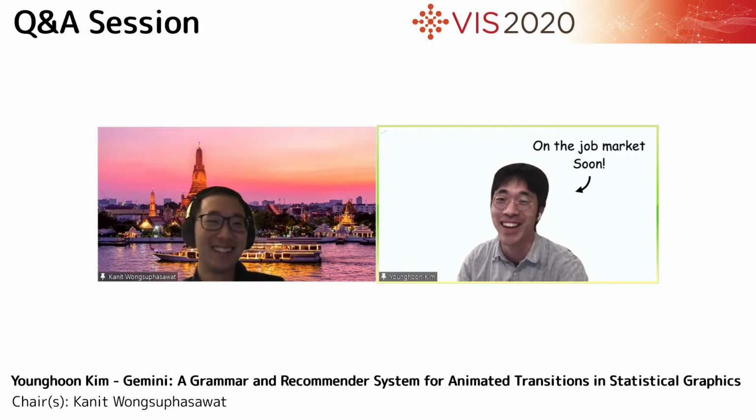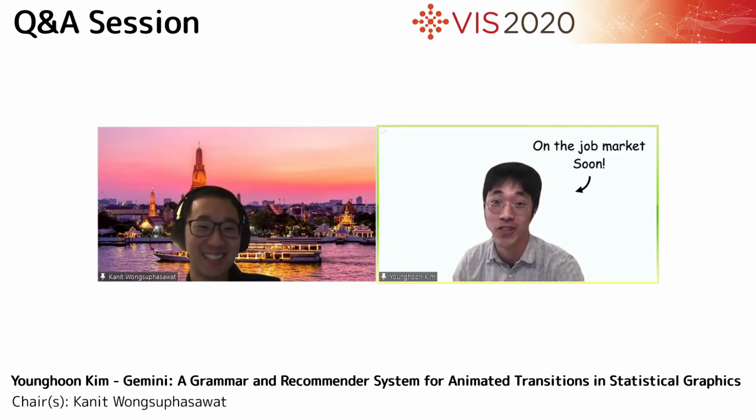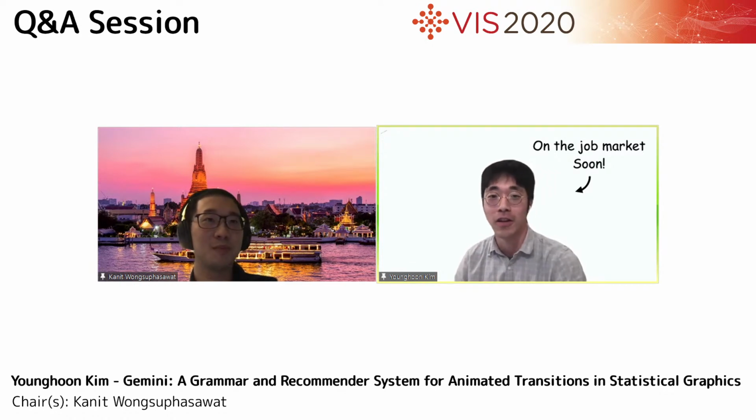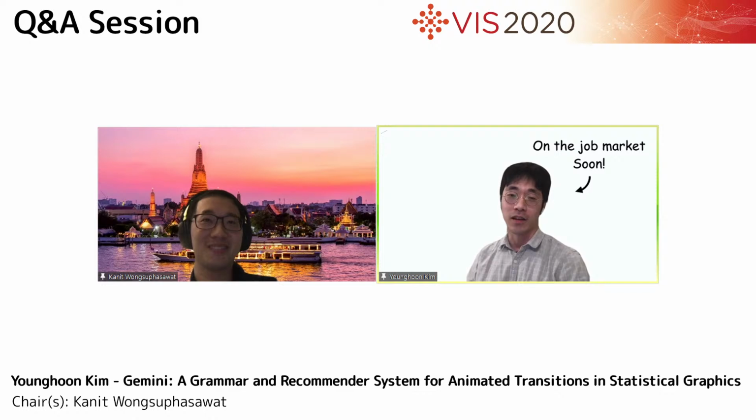Users can control the number of recommendations by giving parameters such as the number of stages and some information about the transition, such as whether the axis changes scale or not. So the evaluation of each enumerated animation was critical to get a useful one.